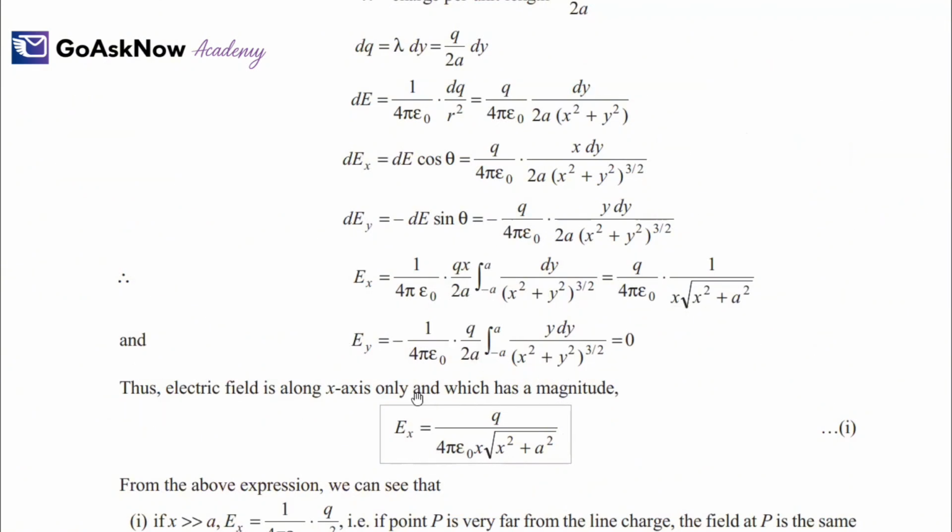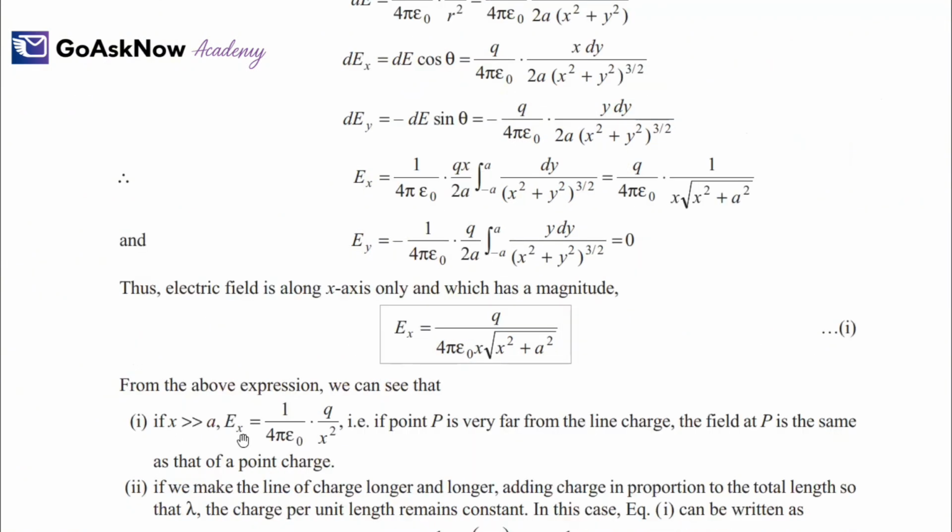So from this expression, we have observed that in the final expression, if x is very, very greater than a, Ex is equal to 1 by 4 pi epsilon naught q by x square, because here the a term will be neglected.